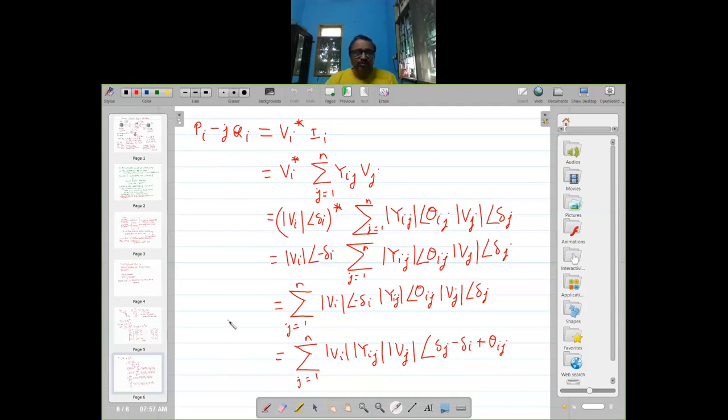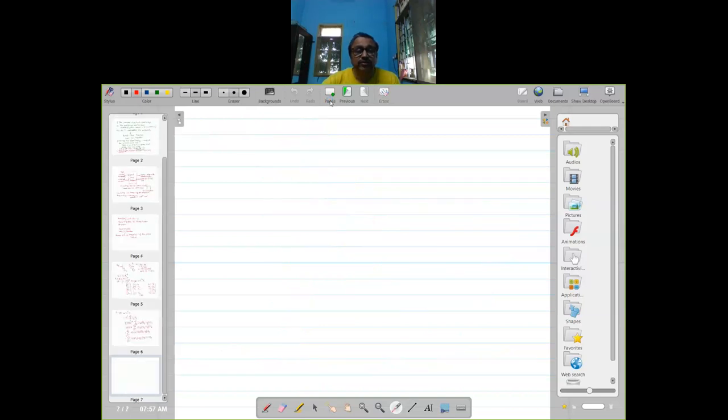Now I can write two equations for this by separating out the real and imaginary parts. So I can say that Pi can be given as the real part of this equation.